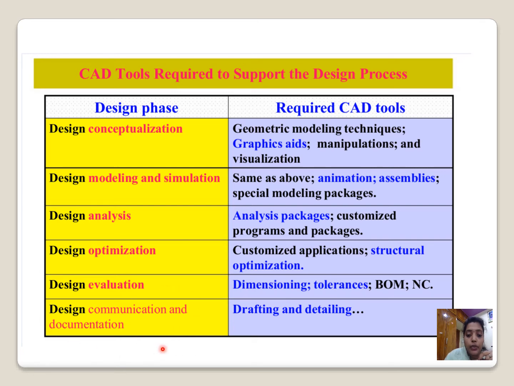In the documentation form, using the CAD software, that object will be sent to the customer, and if there are any modifications we will go through them later, and after that only the CAM manufacturing process will start. Here the required tools are drafting and detailing. Drafting means CAD software only. Everything will go through this. These are the main CAD tools required to support that design process.